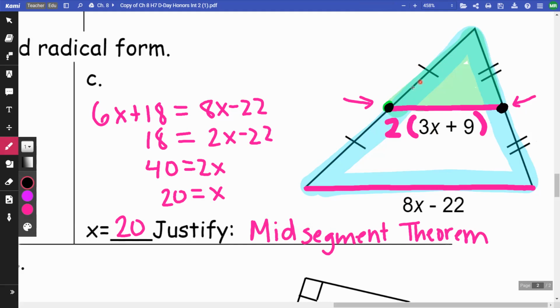So this length is going to be half as much as the whole thing. And this length is going to be half as much as the whole thing. So this triangle is half the size of the bigger one, which means so is it with the base. Because I have side, angle, side going on. So these are going to be similar triangles. And again, the bigger one's going to be twice as big.